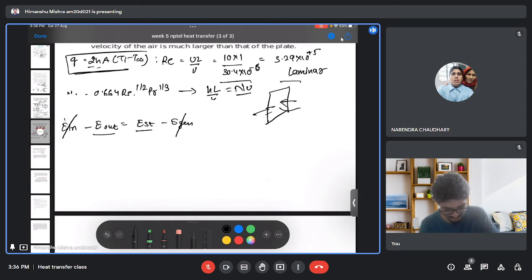So energy out will be governed by Newton's law of cooling. When there is a flow, the plate will release energy due to Newton's law of cooling, because there is a convection heat transfer rate between the air and the plate. So this energy out is just the Newton's law of cooling we have just seen.